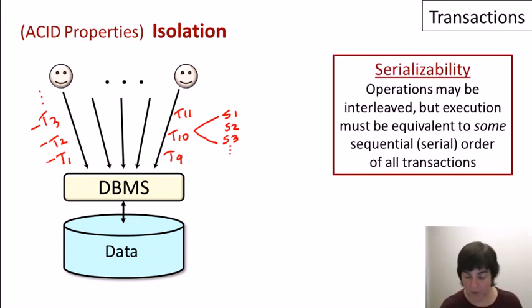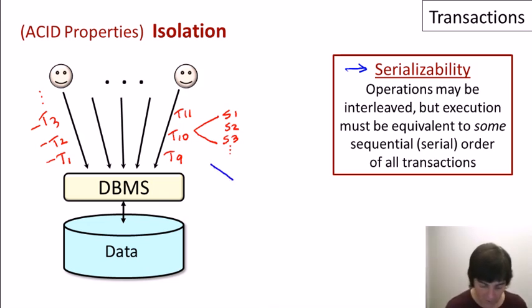So the isolation property is implemented by a very specific formal notion called serializability. What serializability says is that the operations within transactions may be interleaved across clients, but the execution of those operations must be equivalent to some sequential serial order of all the transactions.